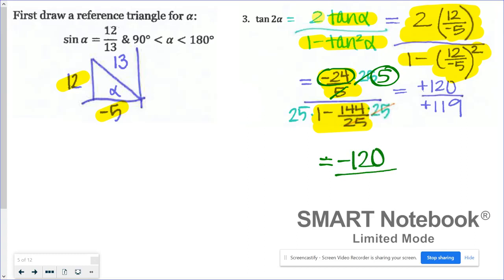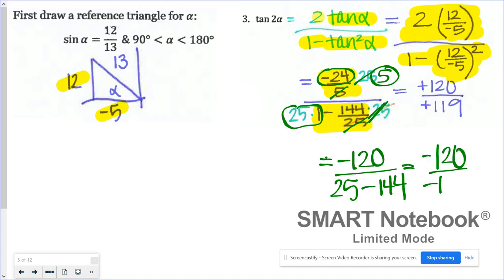And then on the bottom, I have my 25 times 1, and that's easy enough. Minus, and then here, when you go 144 over 25 times 25, those 25s cancel out completely. And so I just have minus 144 on the bottom. And so then when I actually did the subtraction on the bottom, I had negative 120 over negative 119, and a negative over a negative is a positive. And so this is my final answer.